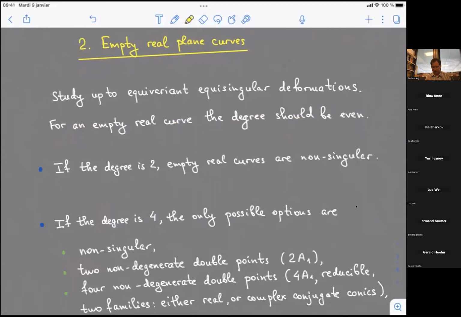This is a general observation: if you're interested in empty non-singular real curves, then for a given degree, all these curves are rigidly isotopic, are equivariantly deformation equivalent.